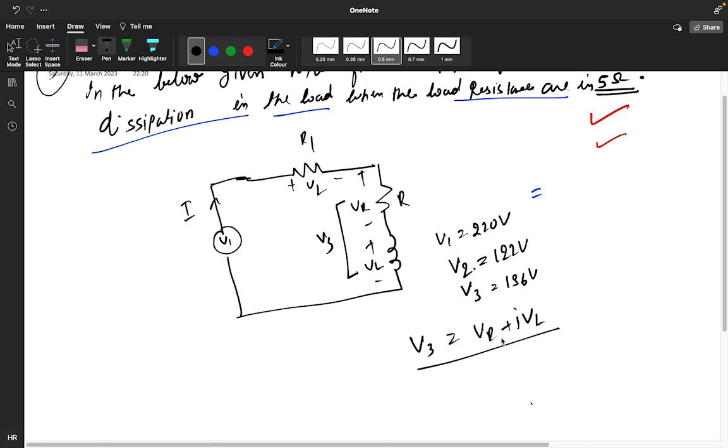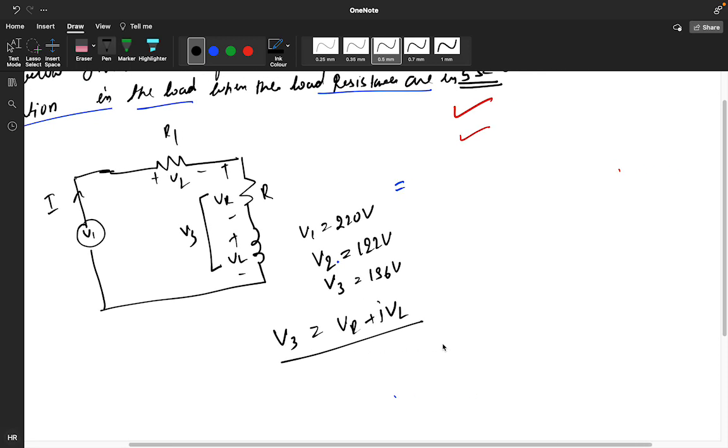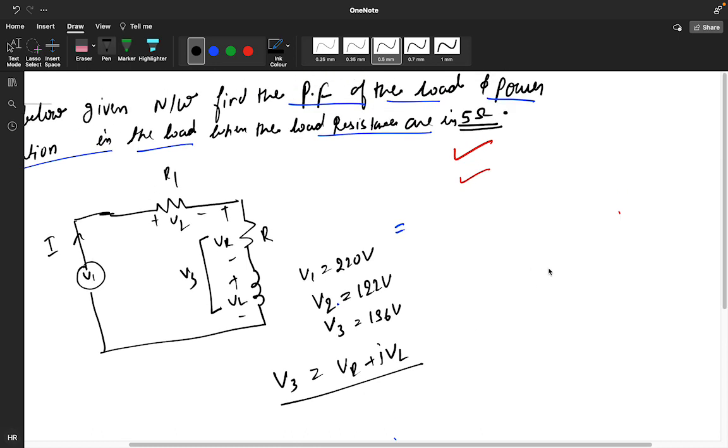So what you are saying is that we can represent this in phasor form, that is correct. If you represent it in phasor form, it will work, but we can solve these questions without phasor also. It's good to approach with a phasor, but see, V1 is 220 volt, V3 is 136 volt, and V2 is 122 volt.